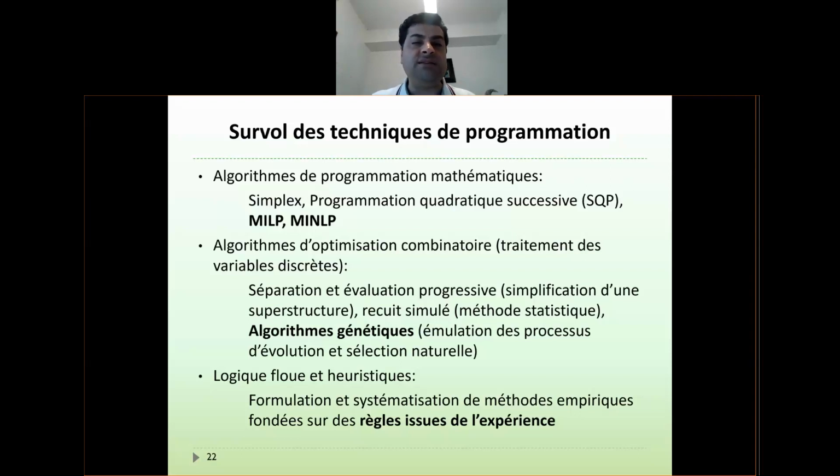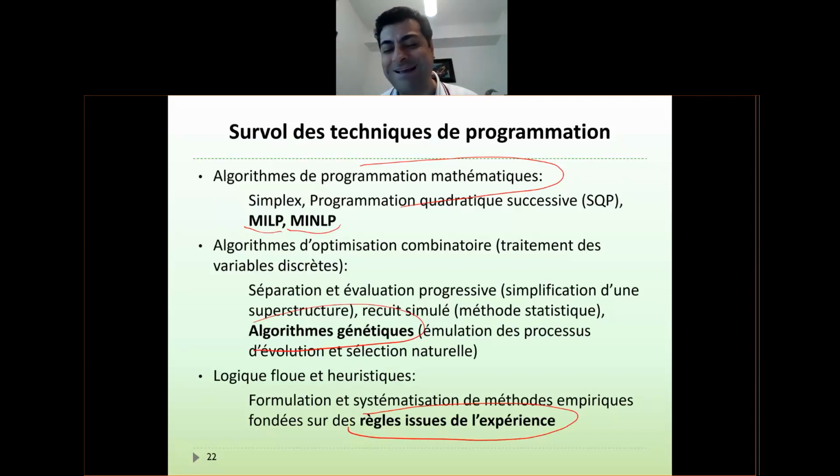So as you see, these programs are usually classified in three categories: mathematical programming algorithms, for example, mixed integer linear programming, mixed integer nonlinear programming, genetic algorithm, and fuzzy logic.